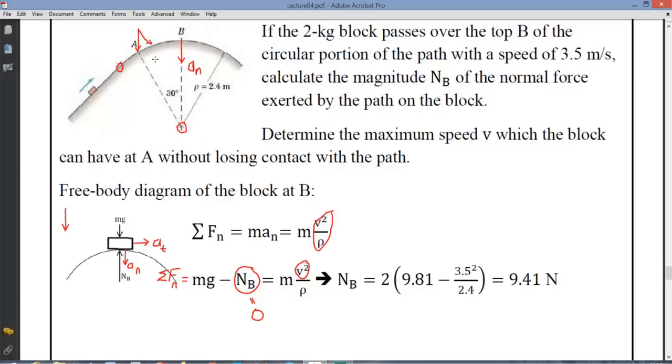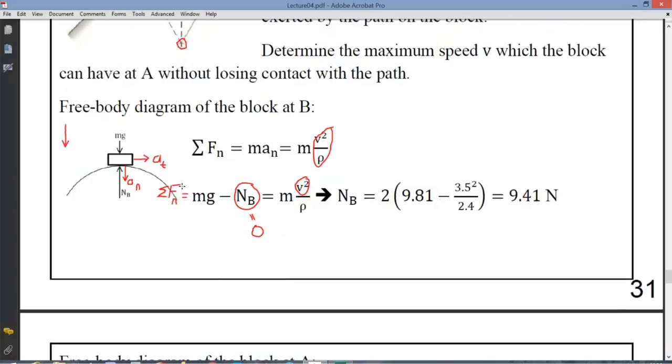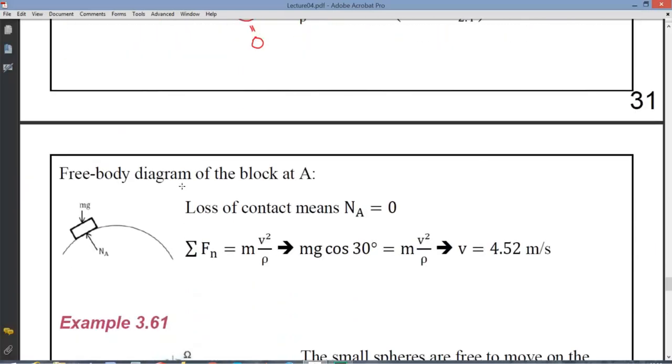Okay, so this is 30 degrees, this is 30 degrees. The component we're going to use is mg times cosine theta at point A. So if you go to the next part of the question, here's our mg, and the component we're going to use of mg is in the downward direction this way. We know the angle, so this is mg cosine 30.